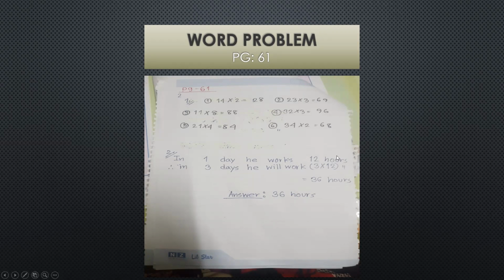So in 3 days he will work 3 into 12, or 12 into 3, equal to 36 hours. 3 12s are 36.